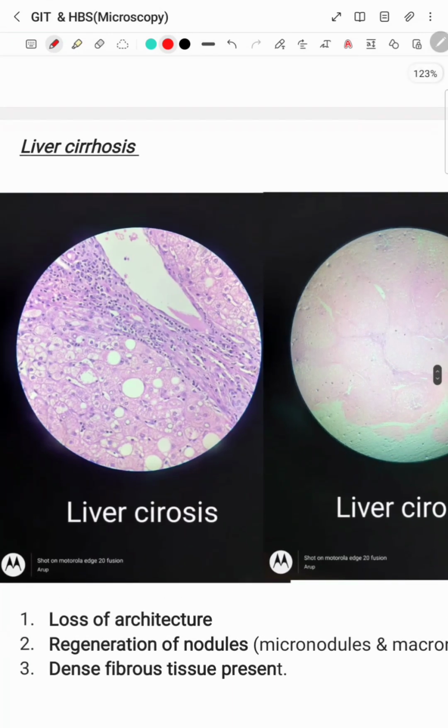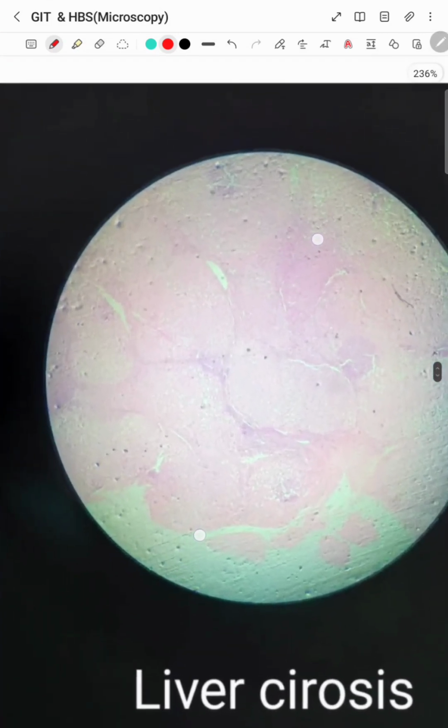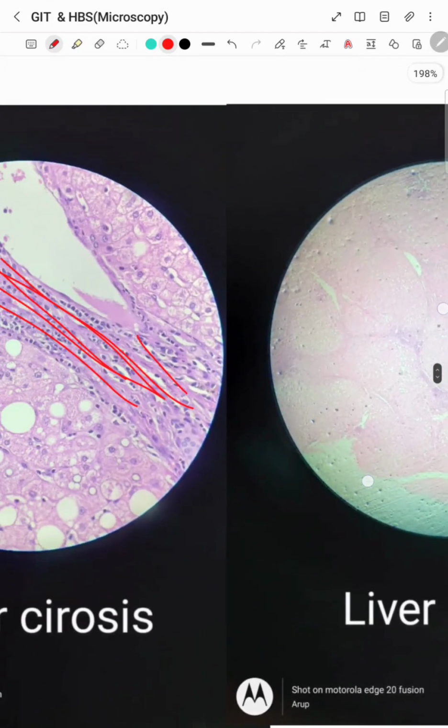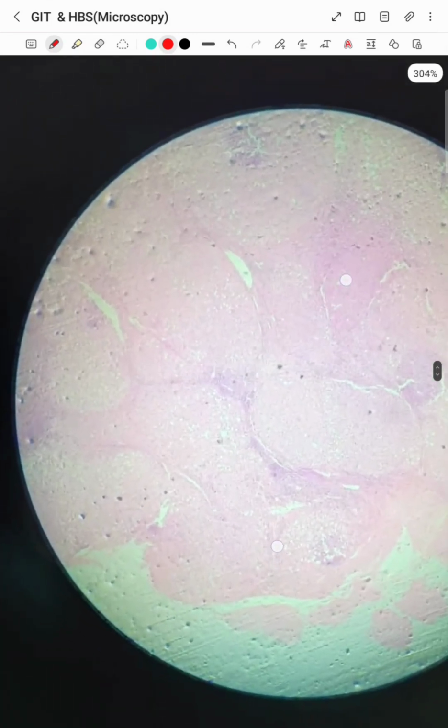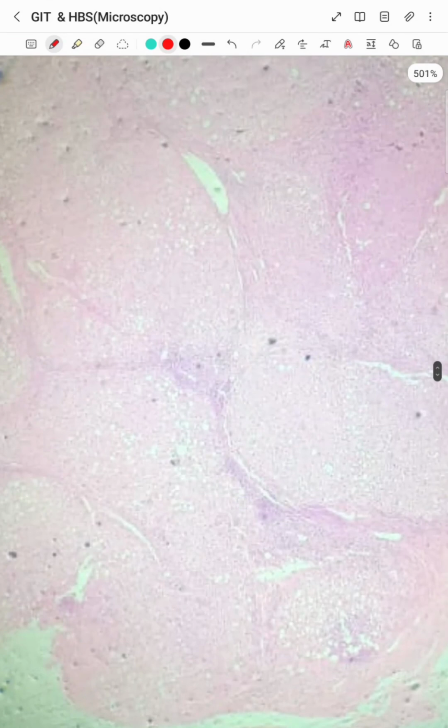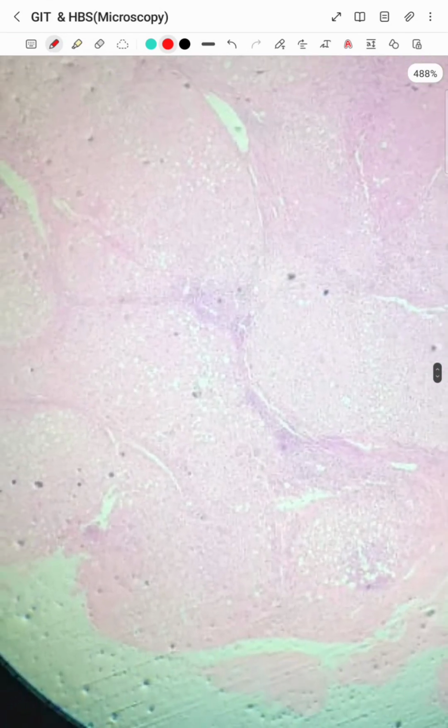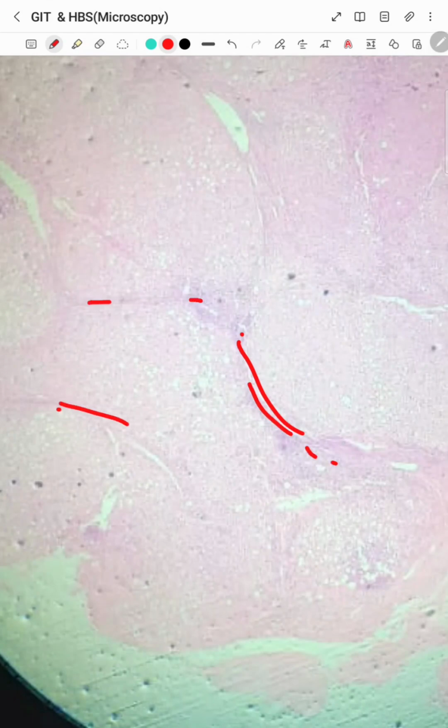So you can see these fibers. You can see the dense fibrous tissue. This is zoomed in at 100x, but this is probably 10x, so you cannot see properly, but you can see that the fibrosis is here.